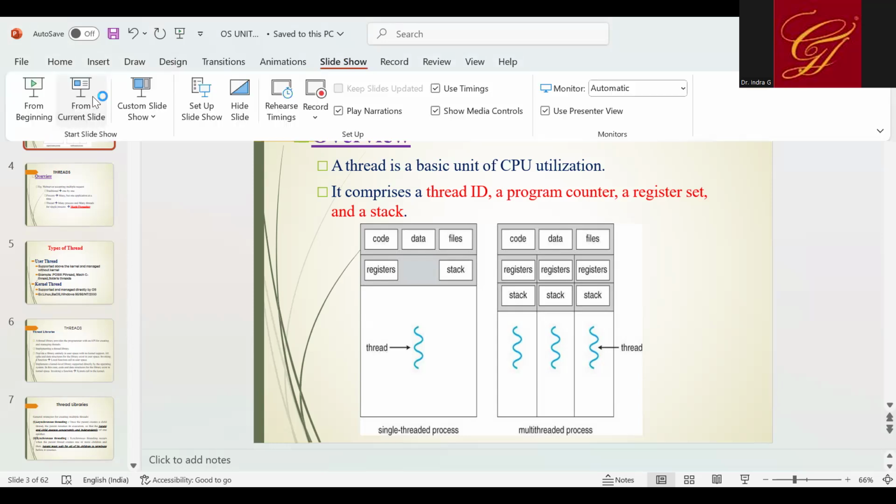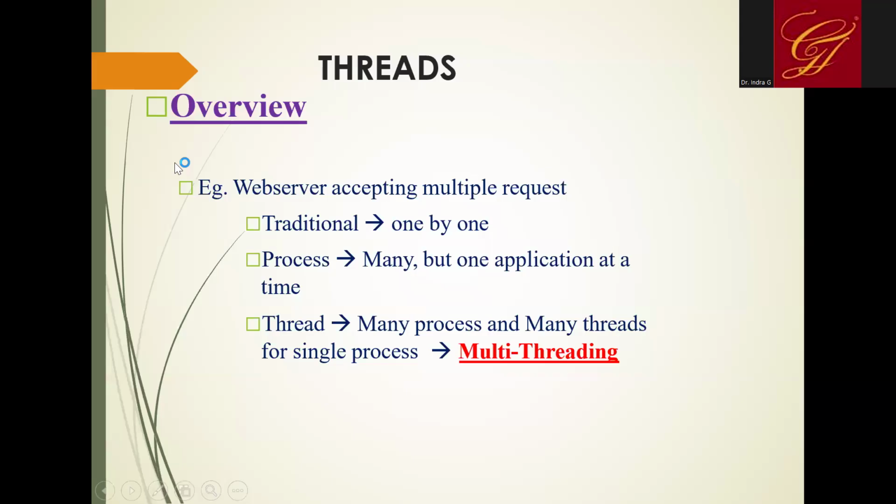Then moving on to the next part, examples of threads. When you consider a web server, as we all know, the web server needs to service multiple users who will be requesting its service. Traditionally, all the requests to the web server from the clients are handled one by one.